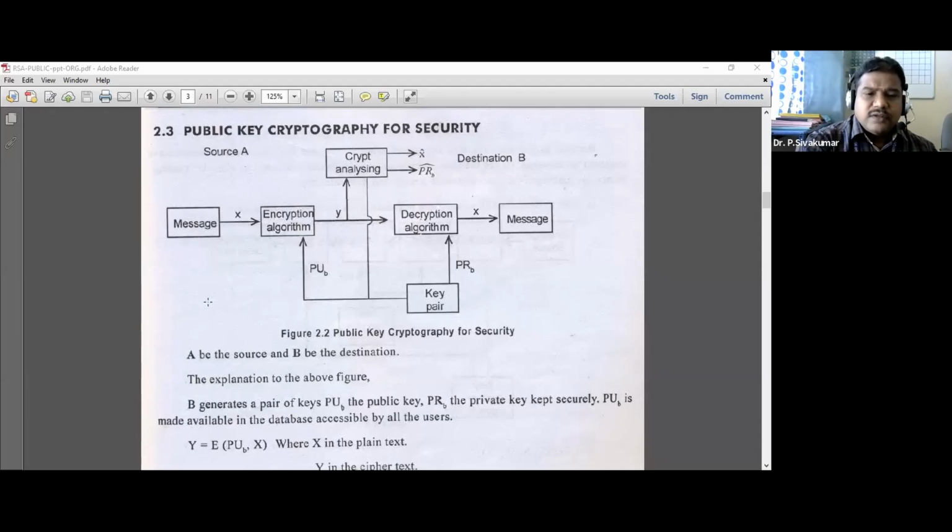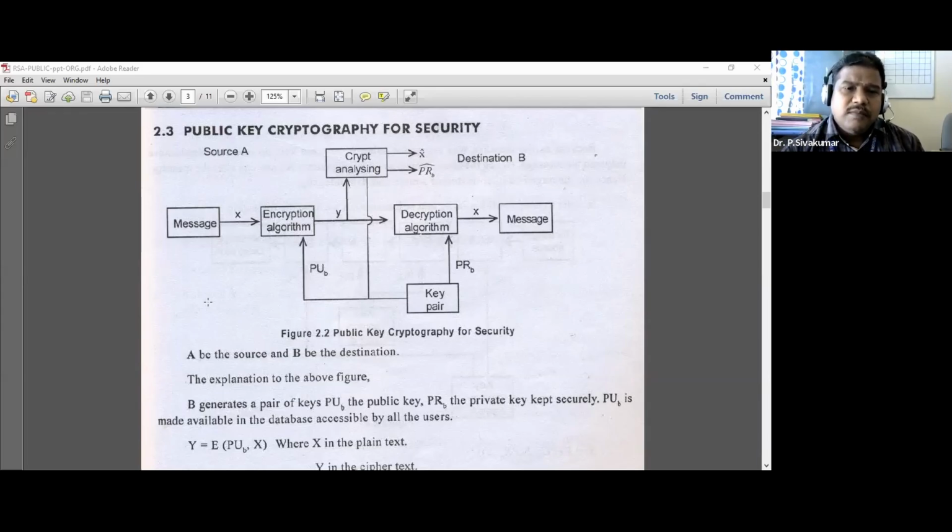For each user, a private key and public key are generated. The public key is stored in the common directory or registry, and the private key is kept by its owner. The private key is very secret; other users in the organization cannot find it. But the public key is available in the common directory, so anyone can use it.